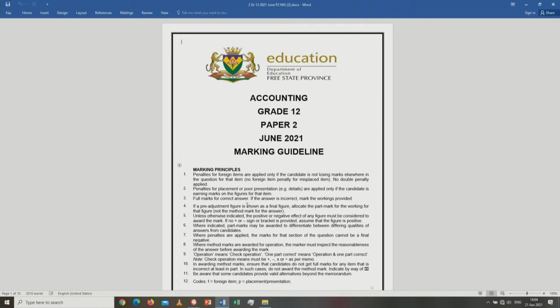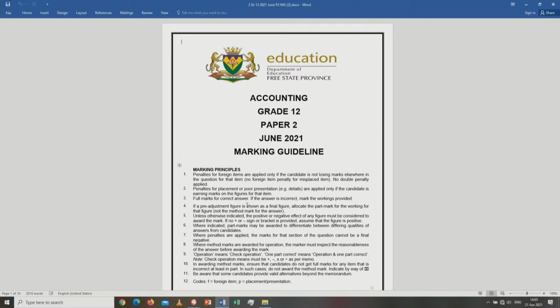Indicate by means of a cross in your block or your circle, whichever one you're using. But if the final answer is supposed to be 10 plus 10 is 20, then you can give the 10, 10 and the 20 will get 1 mark. But if the learner now says 10 plus 5, now his answer is 25. You cannot still give 3 marks there. You give him 1 for the 10, another 10, and then he loses the method mark at the end. So he gets 2 out of a possible 3, right? Be careful with that one also.